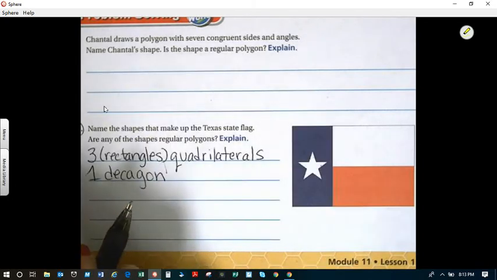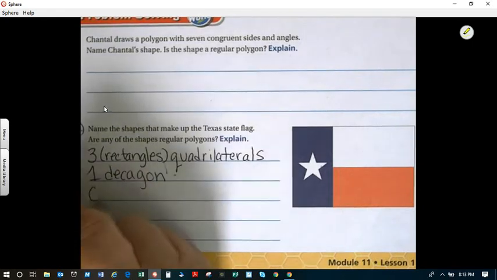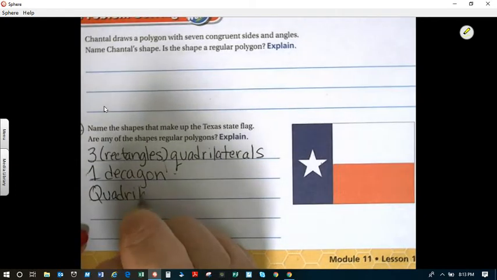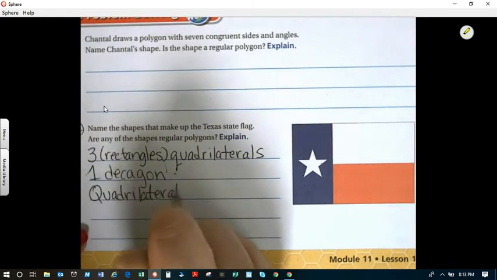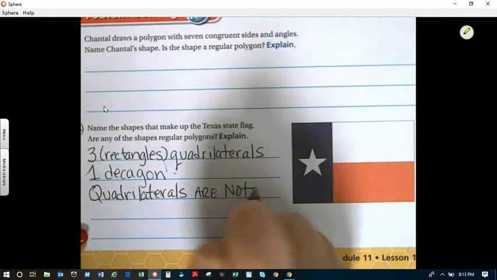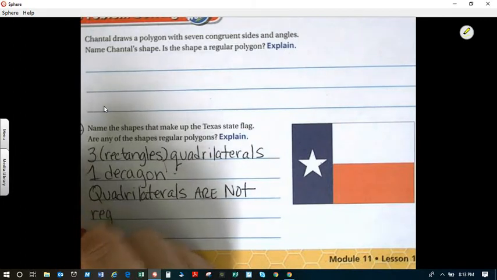All right, now let's take a look. The quadrilaterals, or the rectangles, are not regular polygons. Why not? Because they have different sizes, right?